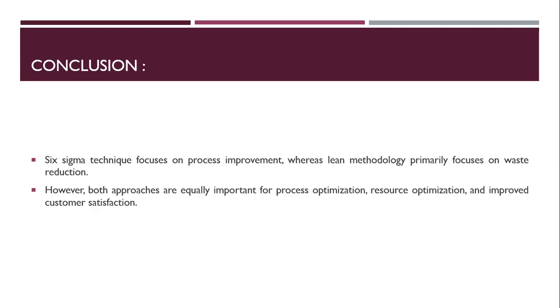However, both approaches, Lean and Six Sigma, are equally important for optimizing the process function, resource optimization, as well as improved customer satisfaction. Here in this case study, students are the product. So how to apply the Lean Six Sigma concept in improving the students' quality by providing an outcome-based innovative teaching learning process in the classroom by improving the satisfaction of the students.